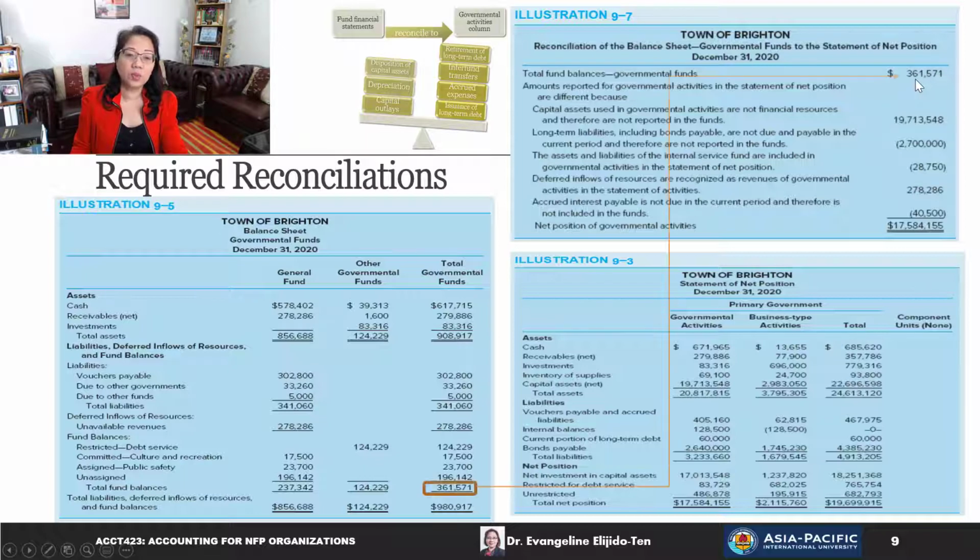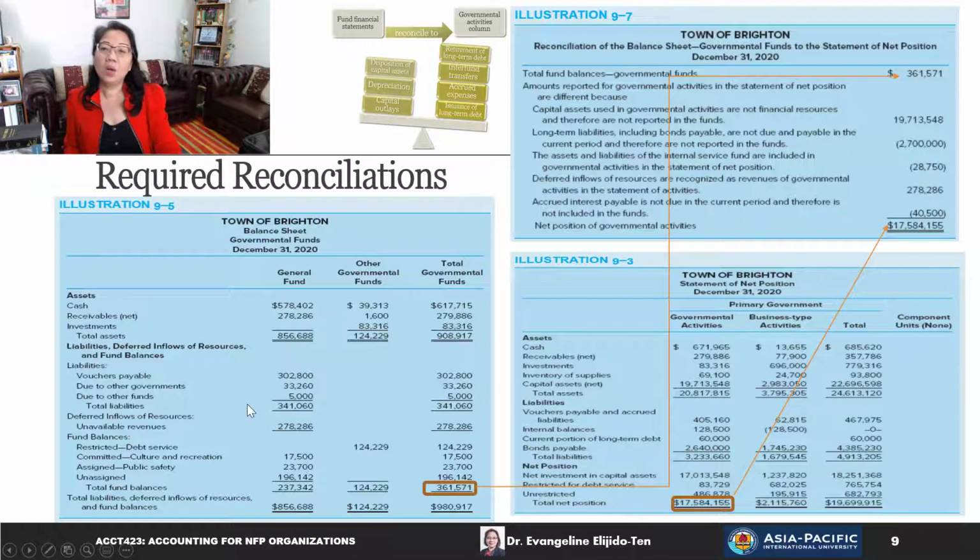All right, it is actually from the governmental funds balance sheet. 361,571 is shown there. Now we need to reconcile that with this figure, the net position of governmental activities. So this will be found in the statement of net position under the total net position.